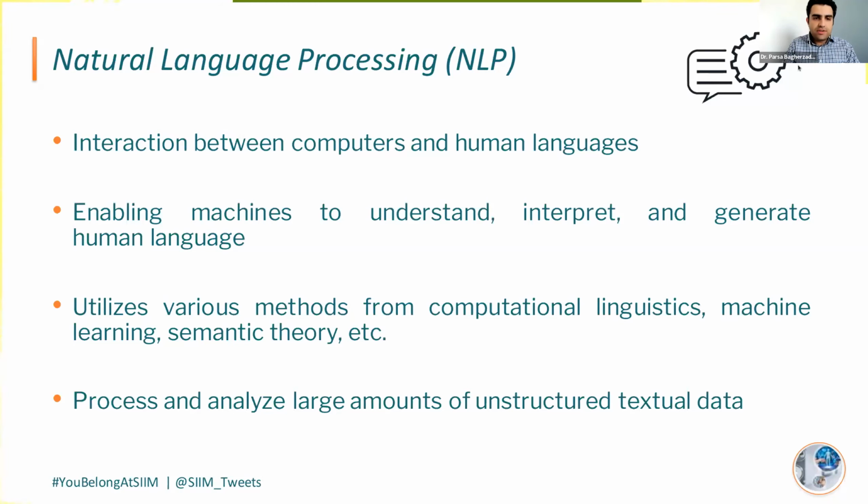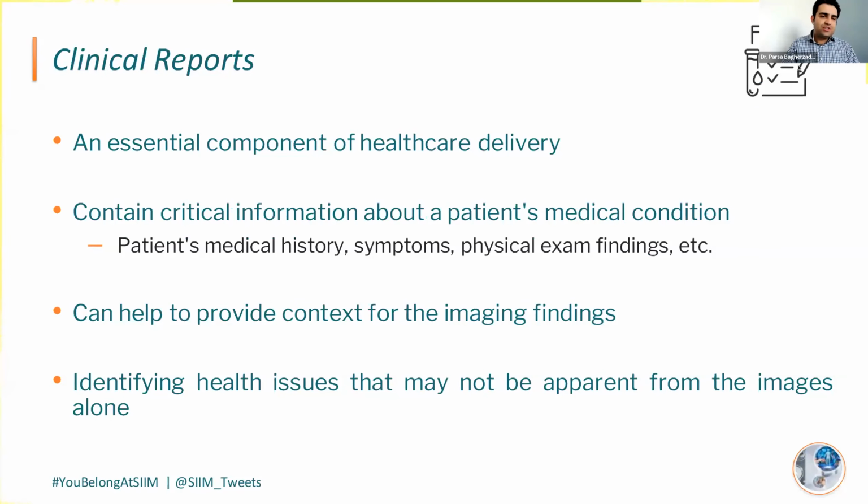The result of a natural language processing pipeline is to allow us to process and analyze a large amount of unstructured text. One example of unstructured textual data is a clinical report.